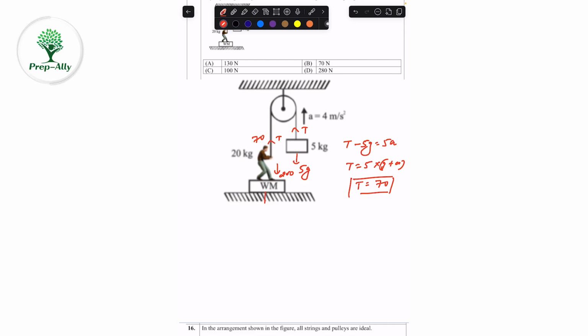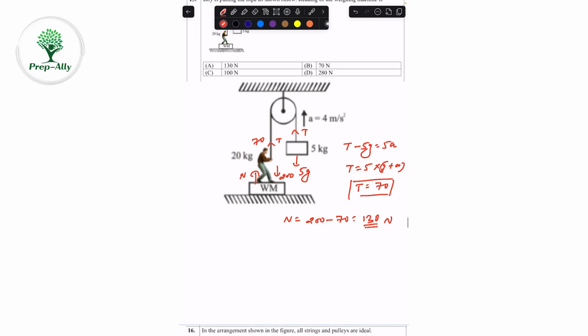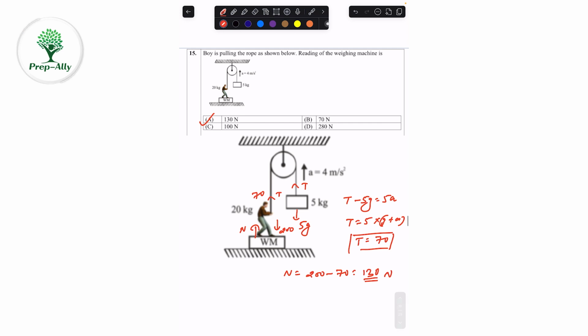So the normal on the boy here will be equal to downward mg, which is 200, minus upward tension, which is 70, which is 130, and we know the reading of weighing machine is normal only, so answer A will be correct. And this is how you can solve these types of questions.